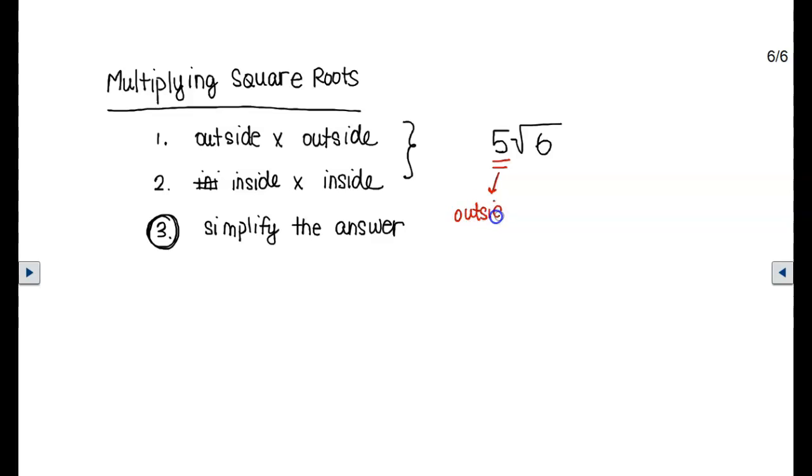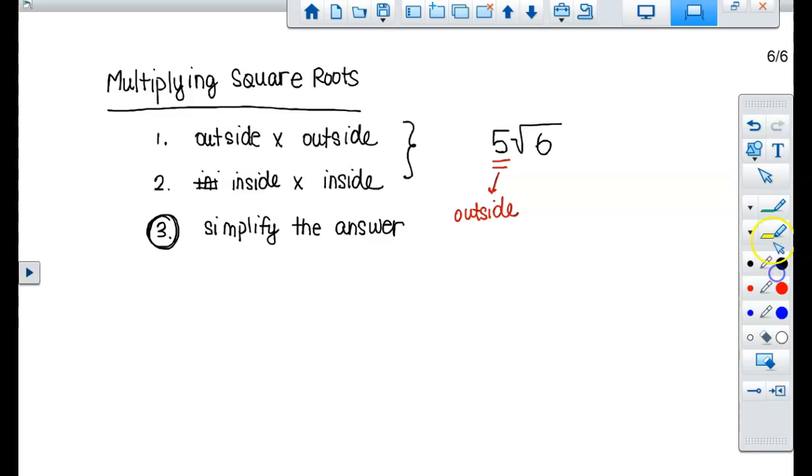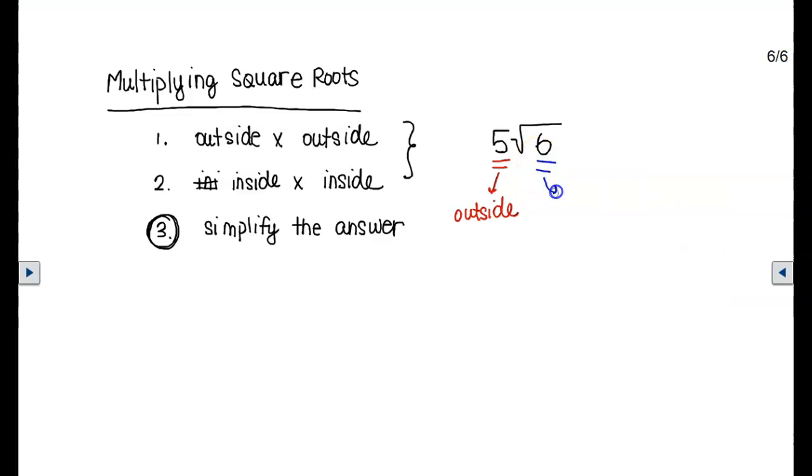So it's the one that sits outside the square root. And then that 6 that we see there, that is our inside number. So in these steps over here, when it says outside times outside, that's referring to numbers that are outside of the square root symbol. And then inside times inside refers to numbers that are inside that square root symbol.